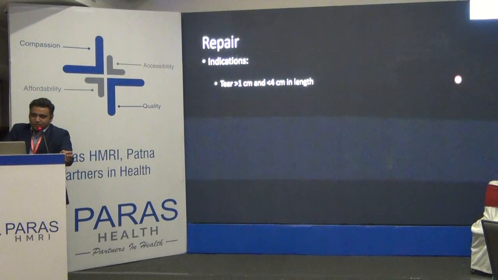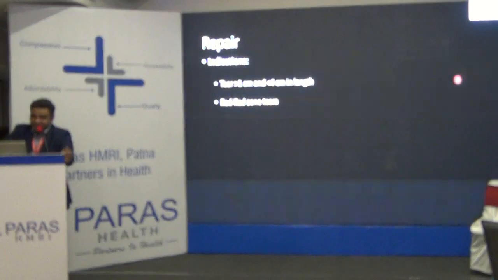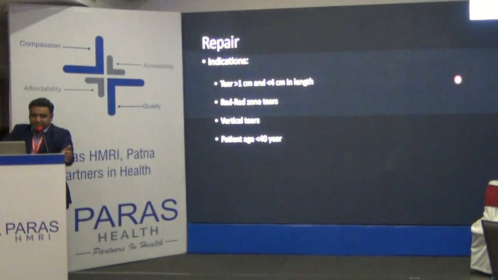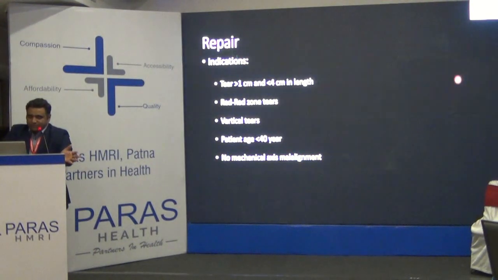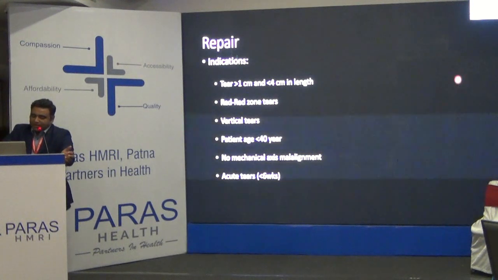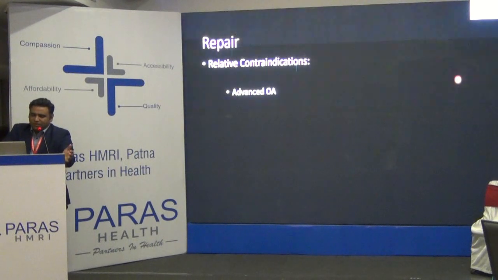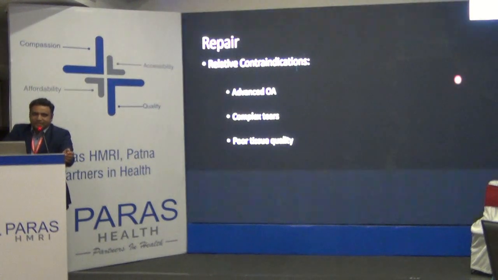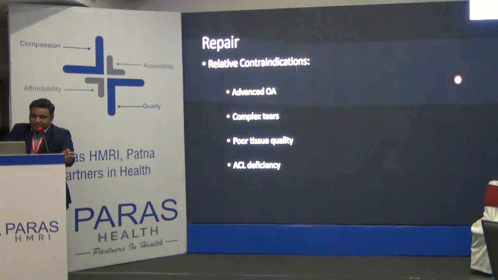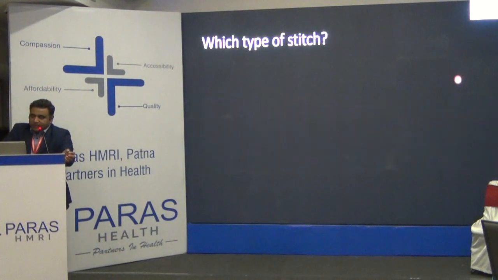Repair is usually for tears more than 1 and less than 4 cm in length, red zone tears, vertical tears, patients less than 40 years of age, no malalignment, and acute tears. And if you are doing arthroscopic ACL reconstruction and encounter a meniscus tear, it also needs to be repaired. There are relative contraindications like advanced OA, complex tear, poor tissue quality, and ACL deficient knee.